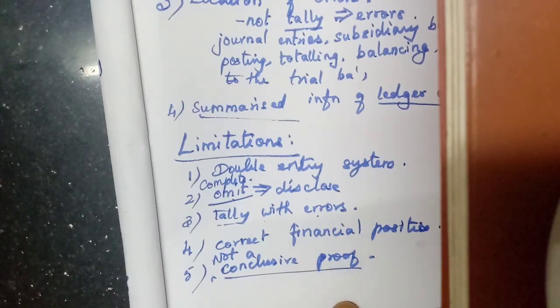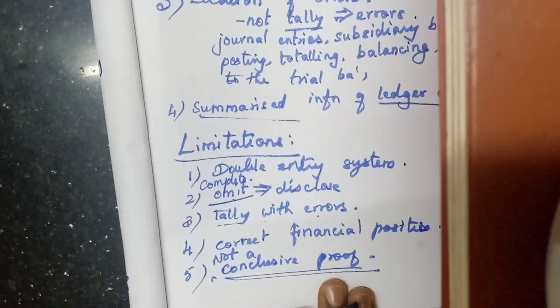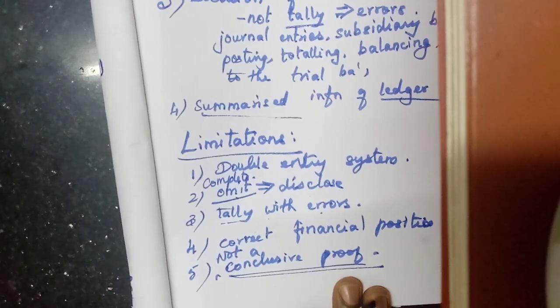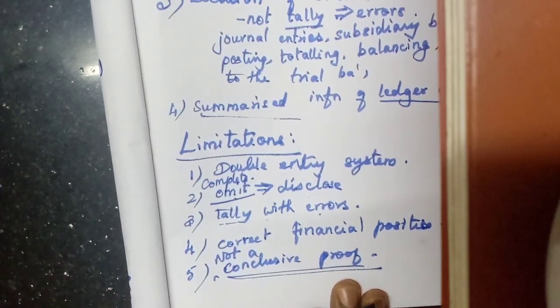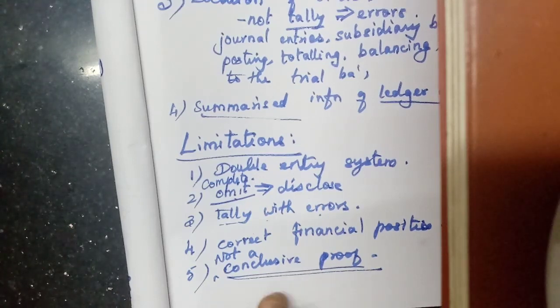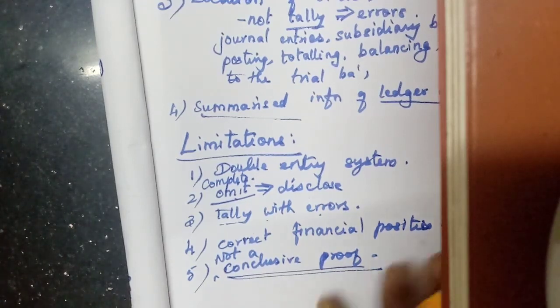Even though there are some errors, it will tally. Which types of error? Complete omission of any transaction or journal entry, or compensating errors. Compensating error means, for example, if we omitted a 5,000 debit and the same 5,000 credit, it will tally, but there is an error. So we cannot say the trial balance is conclusive proof.